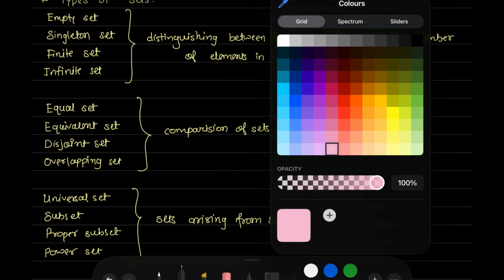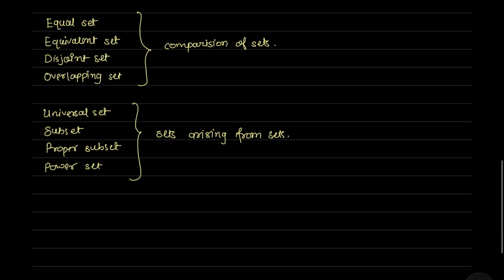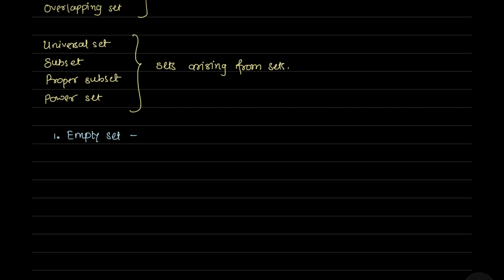Let us start with the first topic that we have, that is basically empty set. As the name suggests, a set that contains no elements. See, notation, you can either use empty curly brackets or phi.